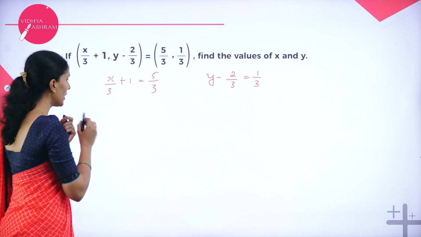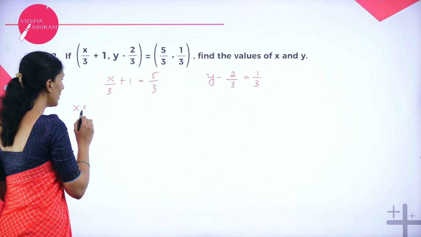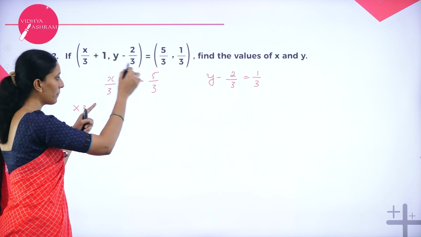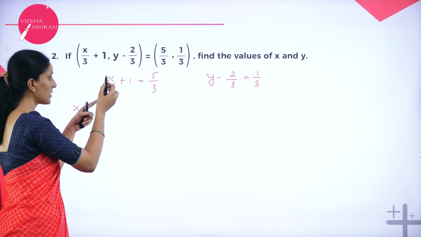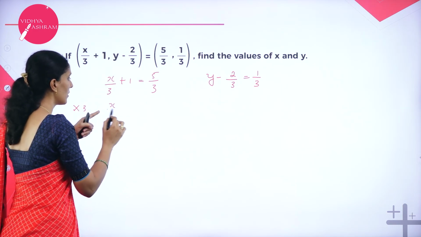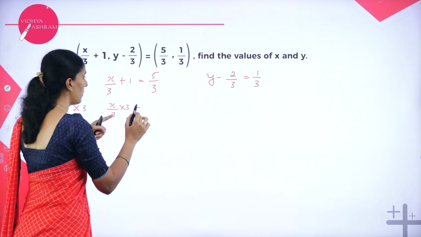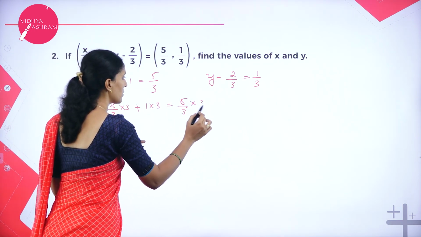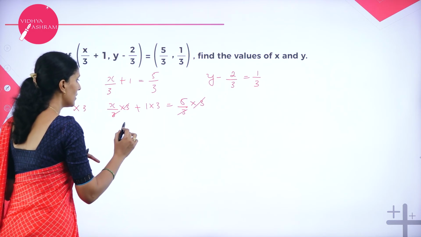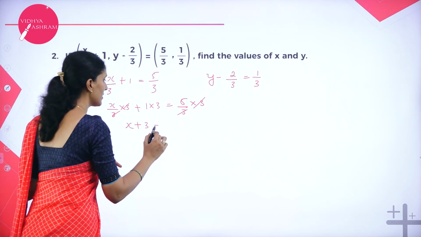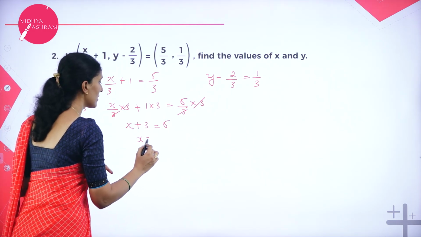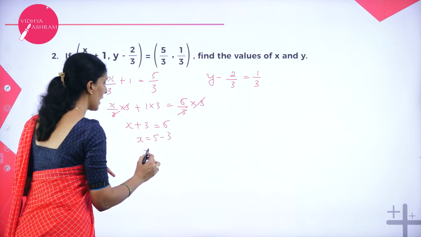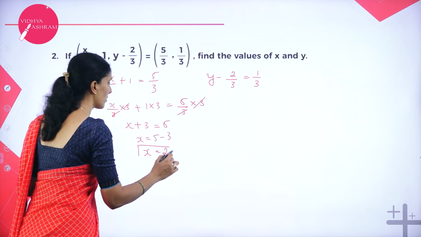So what I will do here, I'll multiply the whole equation by 3. When I multiply by 3, x by 3 into 3 plus 1 into 3 is equal to 5 by 3 into 3. So the 3 gets cancelled here. So x plus 3 is equal to 5. So x is equal to 5 minus 3. X is equal to 2 we get.